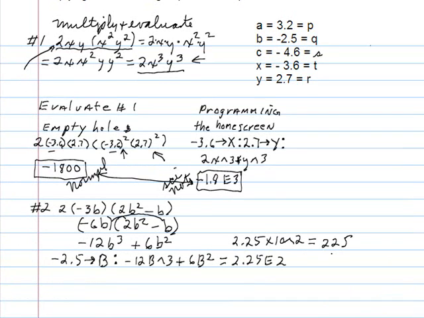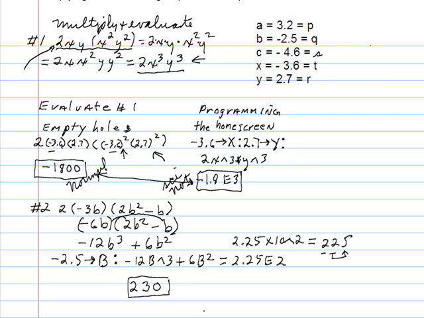So if I'm using approximate number rules, 2 significant digits counting from the left, there'd be 1 and 2. So to round, I'd go to the next one over. Since it's 5 or more, I'd round up. So my digits would be 2 and 3. However, the digit I was rounding on was in the tens position, and if I say 23, I'm saying it's a 1, so I have to add a 0 to show that it's in the tens position, and that makes it 230.